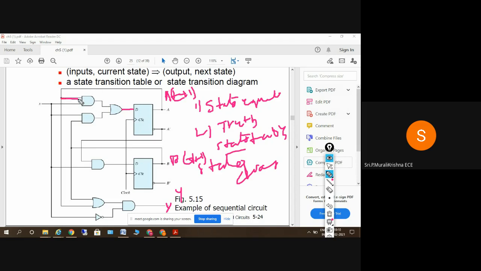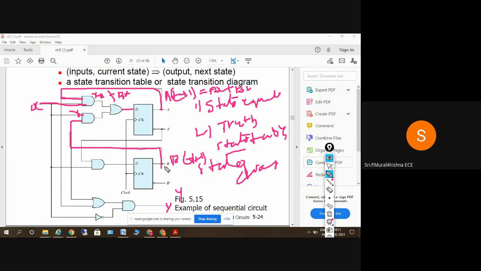This is A and this is X, so XA plus, this one is also X, and this is the value of B. So it is AX plus BX. So A of t plus 1 is equal to AX plus BX.